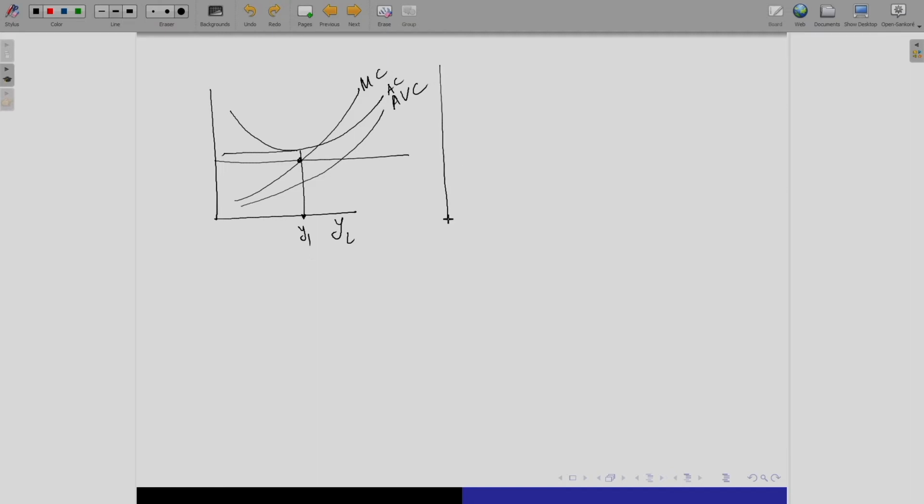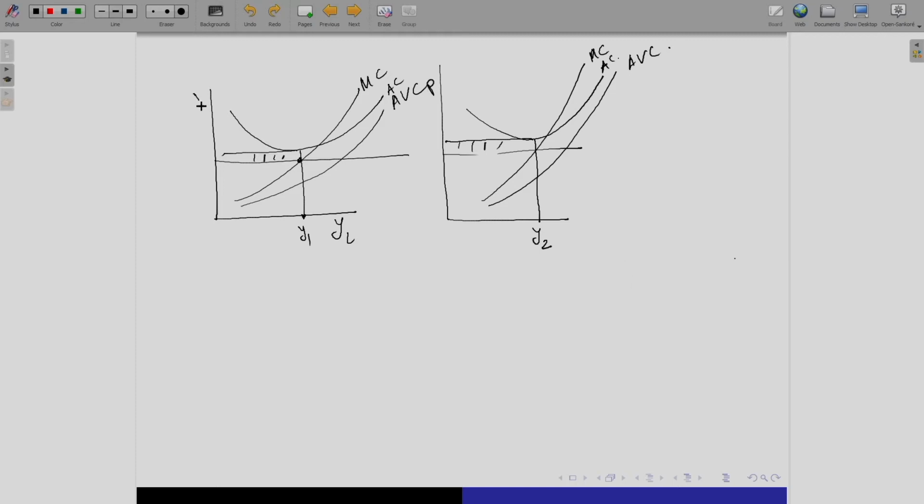Similarly, we have another firm. This is MC, this is the AVC, and suppose this is the AC of that firm, and it produces this much amount of output, suppose Y2, and it is also making a loss of this amount, and this is the price.